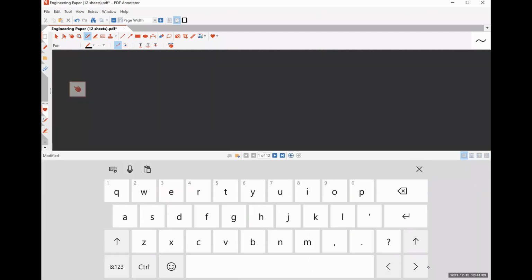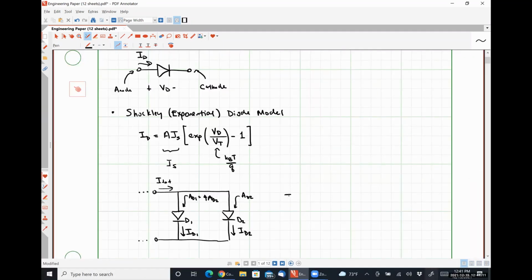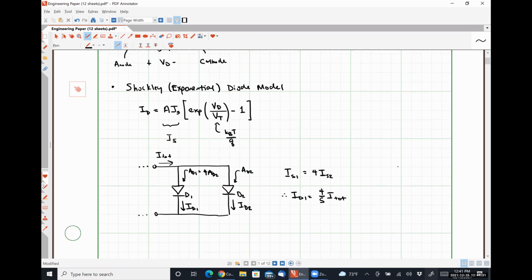We know that IS1 will be exactly equal to 4 times IS2, and therefore ID1 will be 4/5 times I total. ID2 will be 1/5 times our total current.